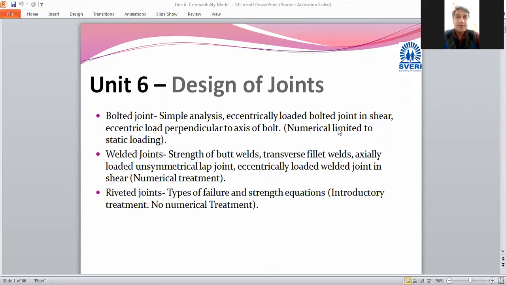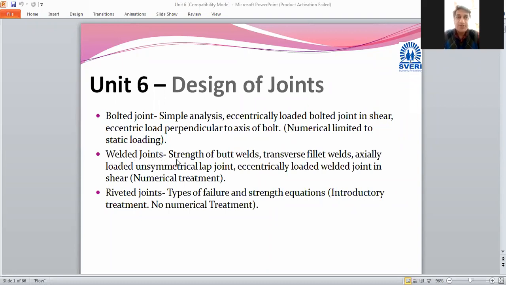Okay, here numerical treatment is there. That is, we are going to solve some numericals in which we have to design these bolted joints. But we are going to see that up to static load. No dynamic load is considered under this design.